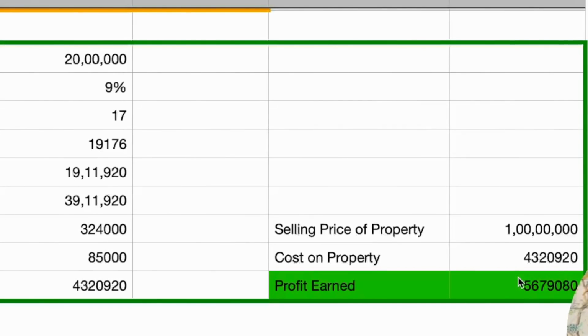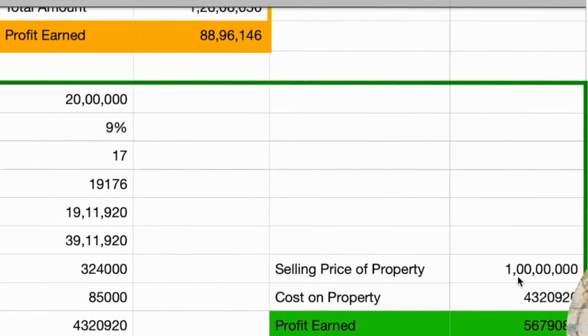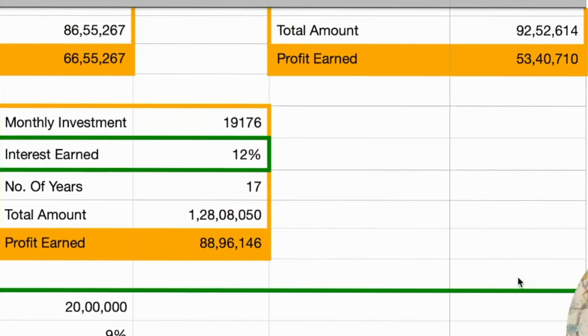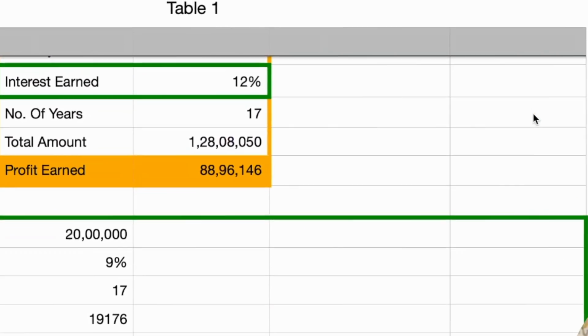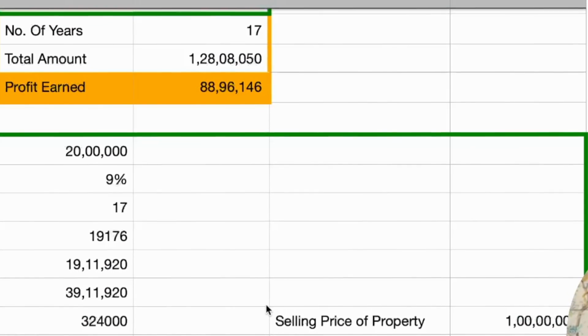There is a sinking fund that the society maintains in case something happens within the society, and that money needs to be taken care of, and there are renovation costs involved as part of repainting the house or doing some kind of renovation of the flat. So those are things that are not factored in. But barring all this, still the person is able to make similar profit as part of his investment, compared to if he would have taken a home loan of the same amount, right?